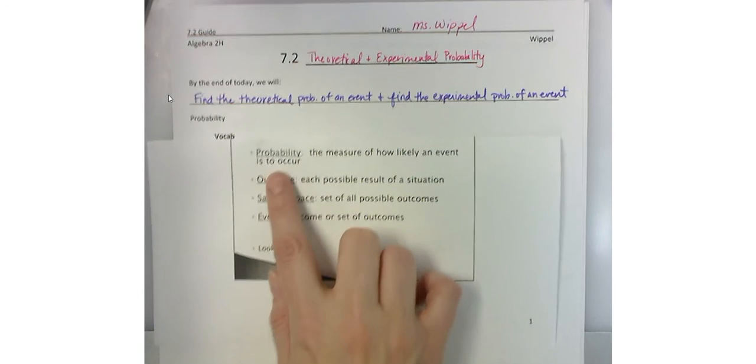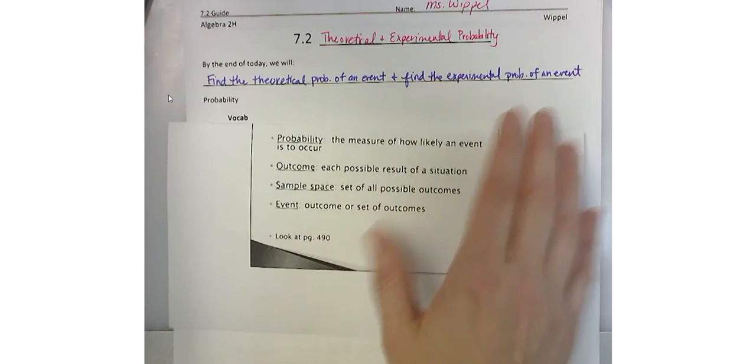So we're going to define a few things. First, probability. That's the measure of how likely an event is to occur. There are different ways that we measure probability in terms of how we're writing our answer. We're going to have some that are fractions, decimals, and percents. The outcome is the result of your situation. And then sample space is probably something new. This is the set of all possible outcomes.